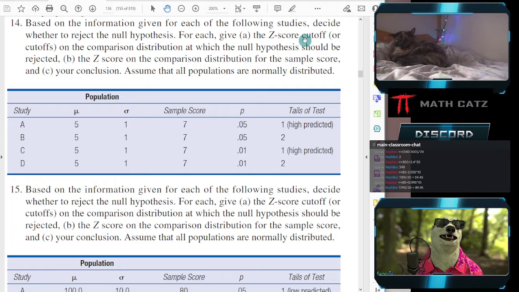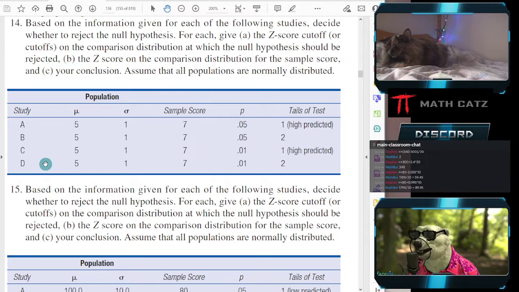For each, give the z-score cutoff on the comparison distribution at which the null hypothesis should be rejected, the z-score on the comparison distribution for the sample score, the observed z-score, and then my conclusion. So we've done study A and study B. So let's now do C and D.